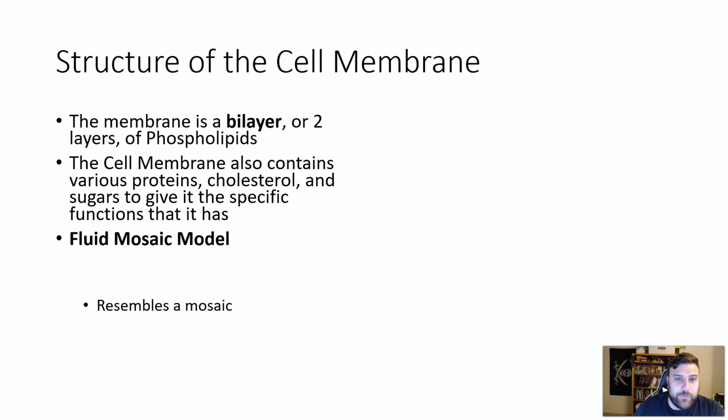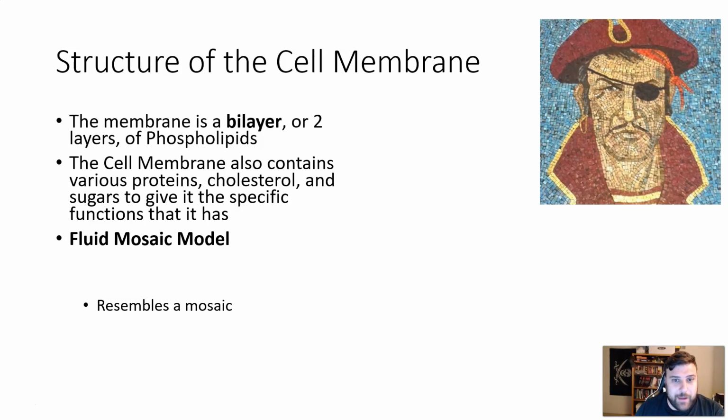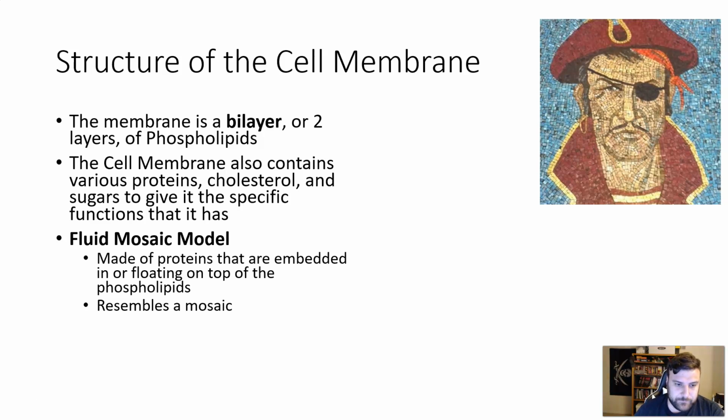It gets its name because it resembles a mosaic, much like the pirate that is out in the front of the school. A mosaic, if you don't know, is a piece of art that is made from glass or clay pieces that are set into some kind of binder. It gets its name because the cell membrane is made up of various proteins, cholesterols, sugars, other things that are either floating on top of or floating in the membrane.